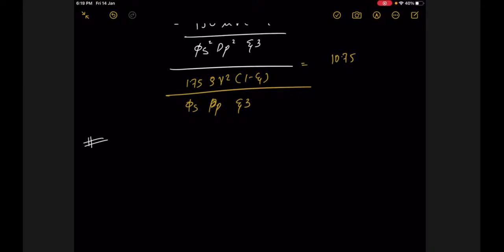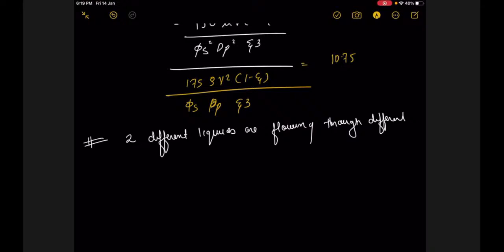Another question. Two different liquids are flowing through different pipes of the same diameter.